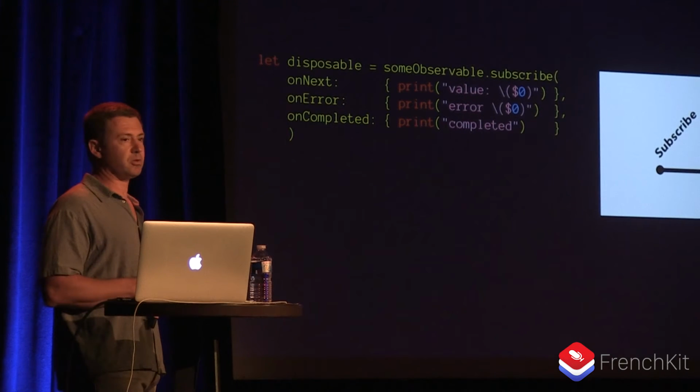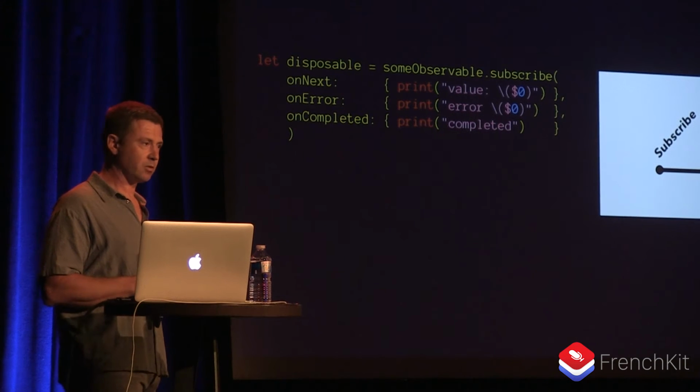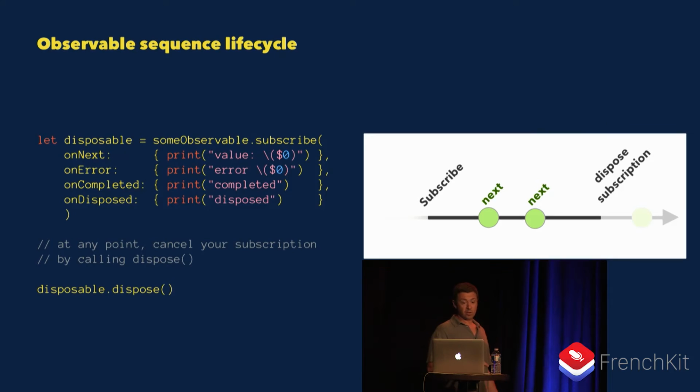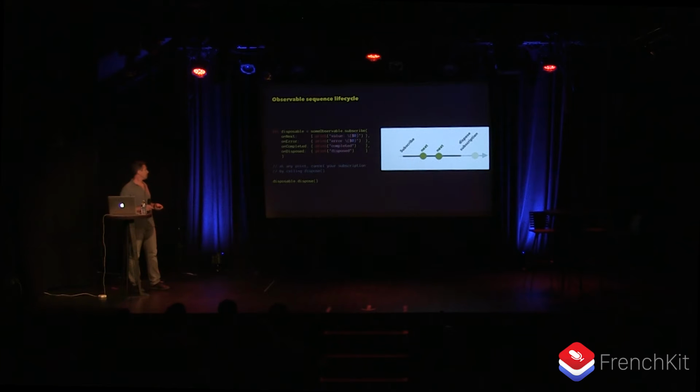So we want to know when the sequence errors, because after an error occurs, nothing is emitted anymore on the sequence. And you can also optionally subscribe to the disposed event, which happens when the sequence has completed or when someone has canceled the subscription. In this case, you get a disposed event.